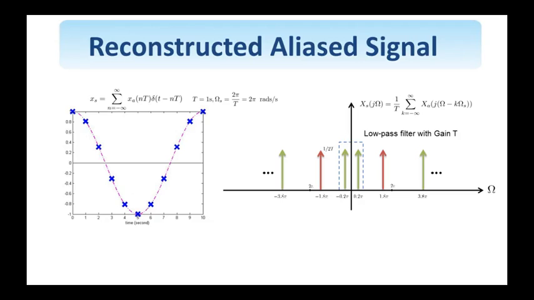So when I reconstruct this aliased signal using the low-pass filter shown here, I end up reconstructing the signal shown here on the left with frequency 0.1 hertz, or 1 cycle in this 10-second interval I'm studying.